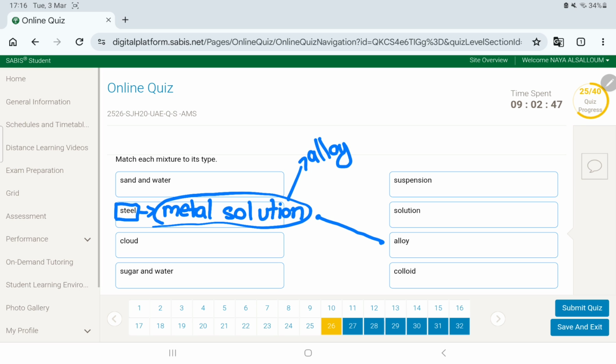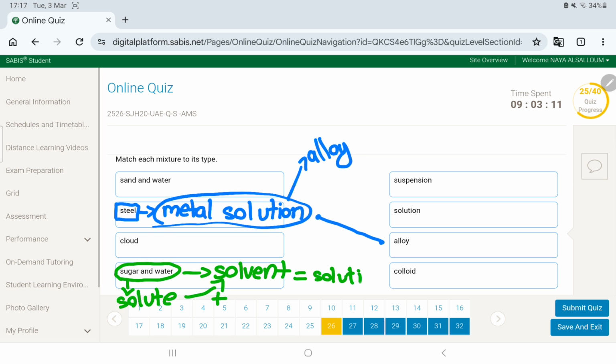Next. Here, sugar and water is the second easiest one. Sugar and water. Sugar is a solute and water is a solvent. So, it's like a mathematical equation. A solute plus a solvent, what will it give us?